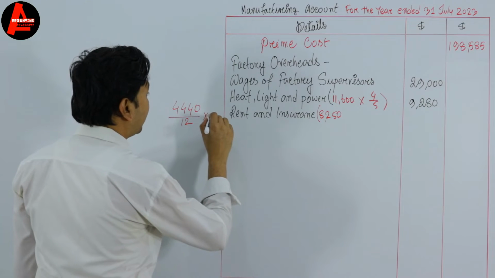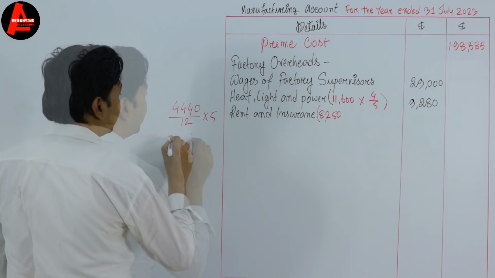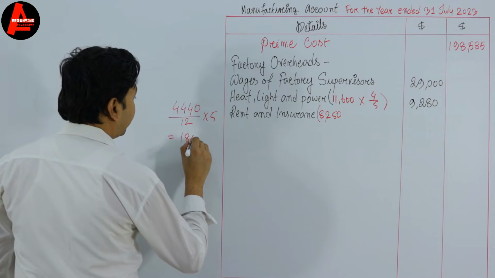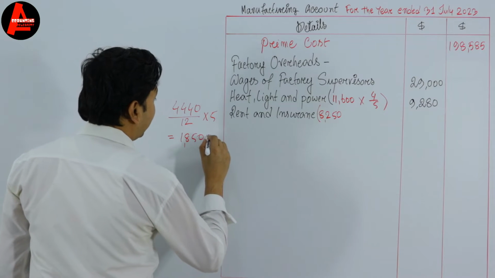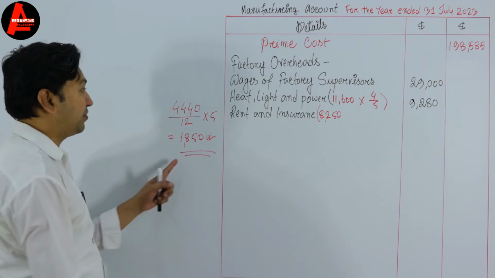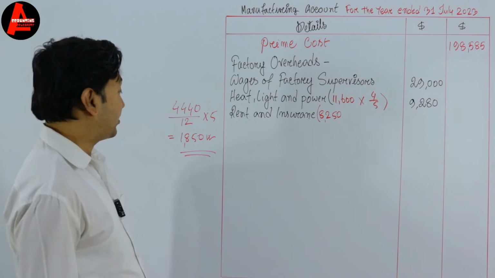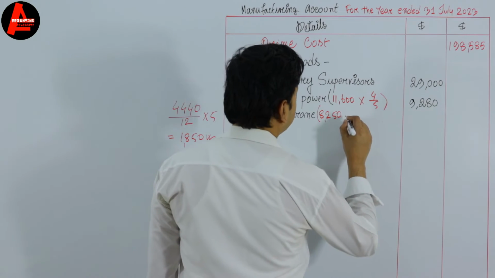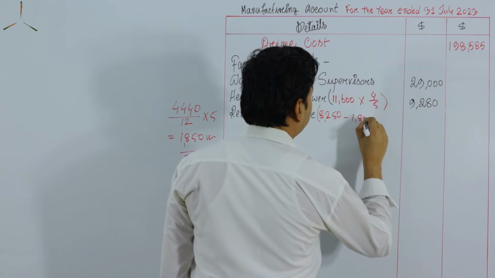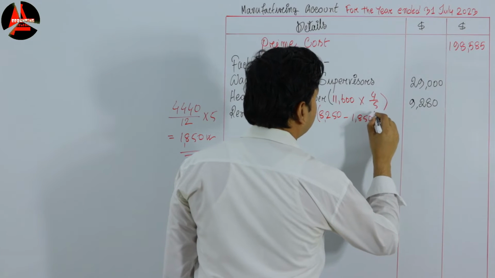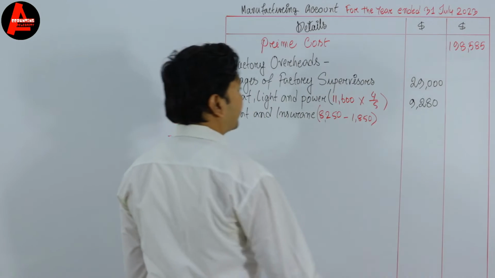We multiply by 5 and divide by 12, and we get $1,850 paid in advance. This amount must be subtracted from here. So let us write minus $1,850. This is the advance amount we subtracted.